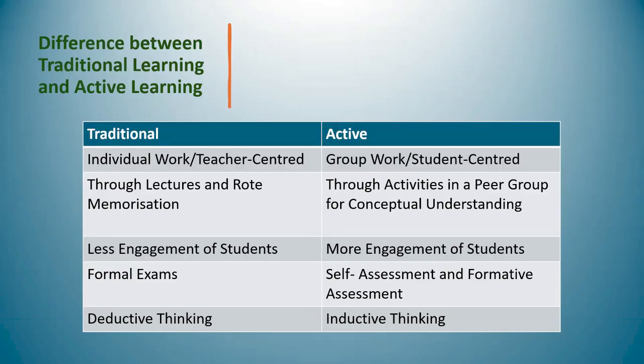Active learning has got group work and it is student-centered. Then look at here. In traditional learning, we teach through lectures, and then there's a kind of rote memorization, which is not very effective. And in active learning, we teach through activities in a peer group for conceptual understanding.